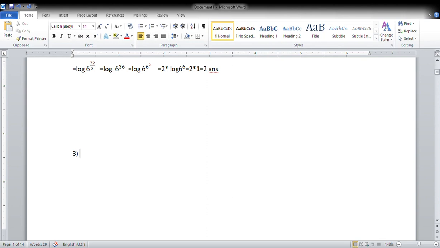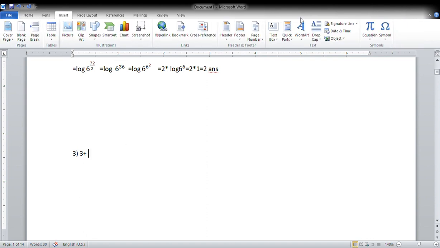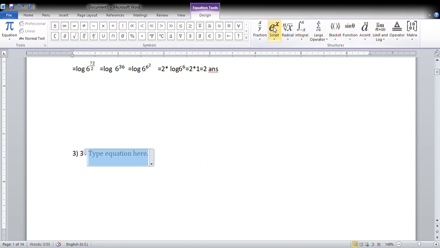That means 3 plus log 10 to the power log with the base 10, log 10, this is minus 2, I think.